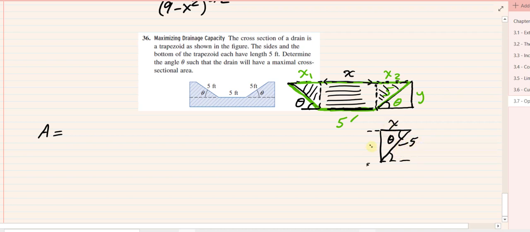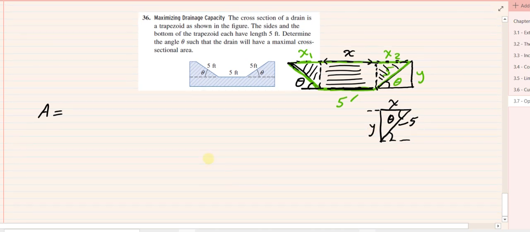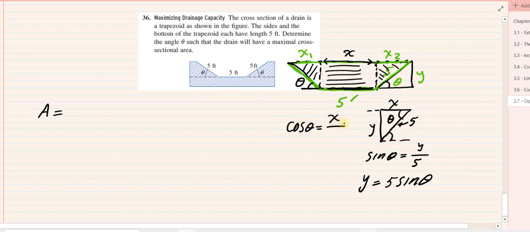Here's X, there's Y. So we can now determine these. If I look at the angle theta, sine of theta is the ratio of opposite to hypotenuse. So Y is going to be 5 sine theta. Now what about X? Cosine of theta is adjacent, which is side X, over the hypotenuse. So from this we get X is 5 cosine theta.